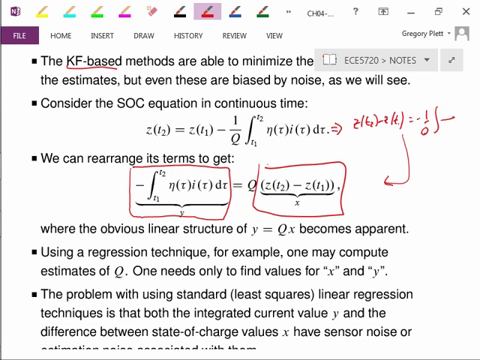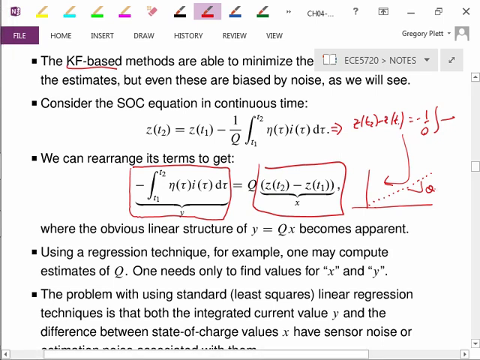So I have an estimate at time 2 and an estimate at time 1 of state of charge, and I difference those to make the x variable. And if we think about them as y and x, I have this simple linear equation, y equals q times x, and q is the slope. If I were to plot a lot of x points of difference in state of charge and y points, the accumulated current between state of charge estimates, I would get ideally a perfectly straight line, and the slope of that line is q, the capacity.